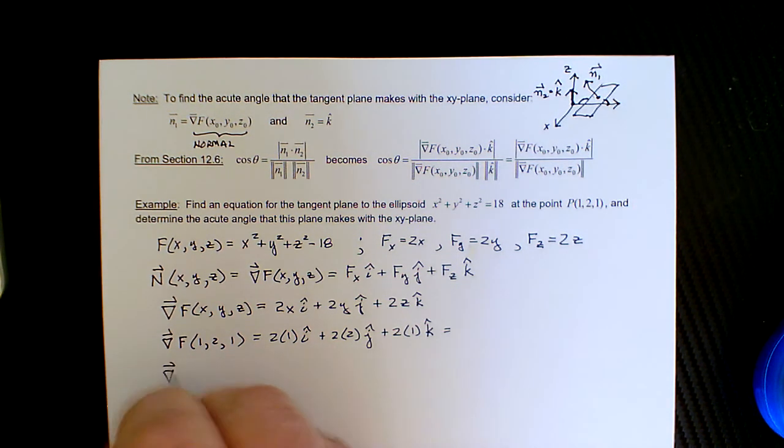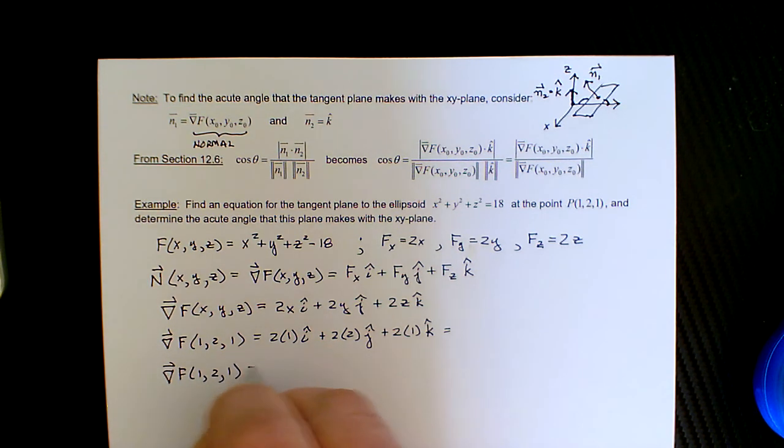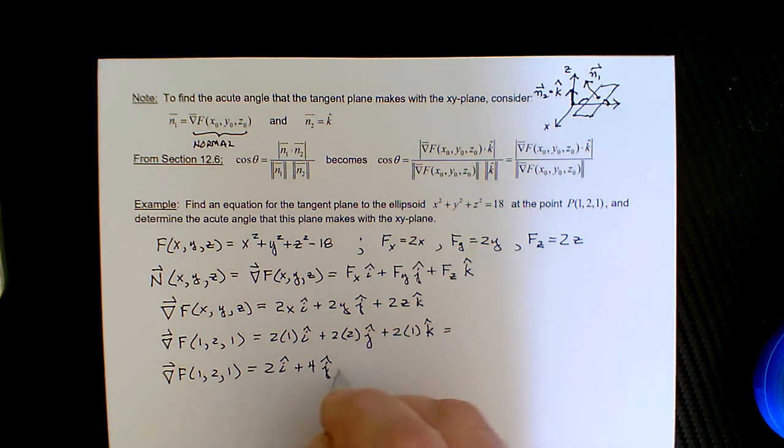So the gradient, which again is the normal vector at 1, 2, 1, is equal to 2i plus 4j plus 2k.